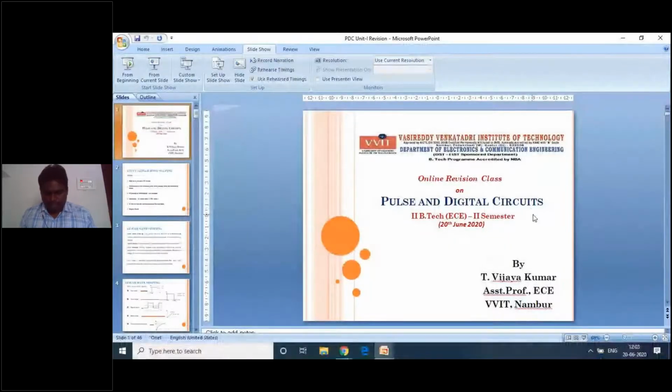So this is unit number 1, which is about linear wave shaping, which we have now concluded. In linear wave shaping, we need to concentrate much on low pass and high pass circuits, what happens to the output shapes for different inputs, and similarly RLC circuits, attenuators, and RL circuits. Just concentrate much on the RC step input so that you can understand the remaining things in the slides. That is about unit number 1.